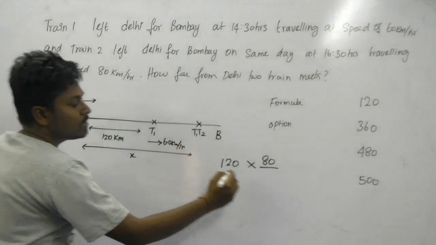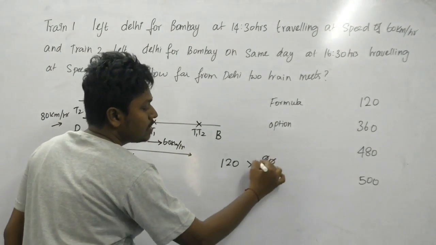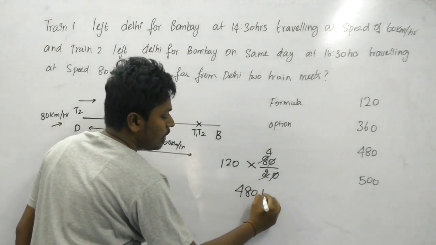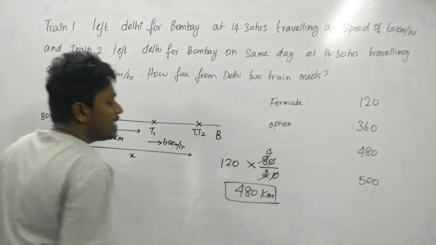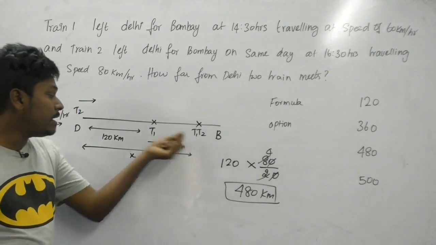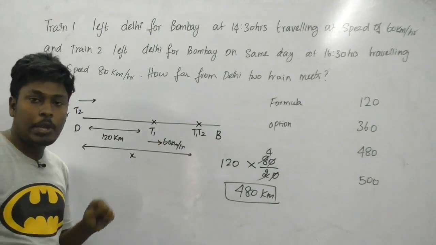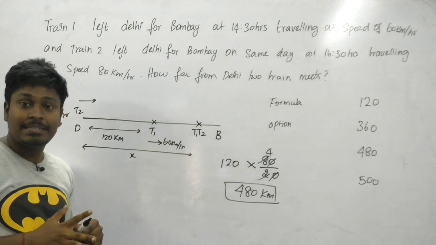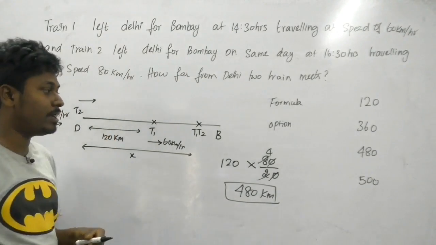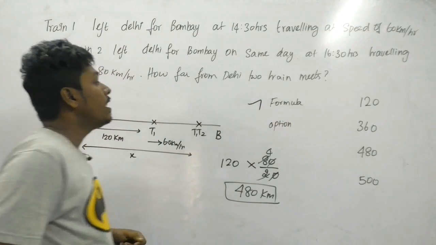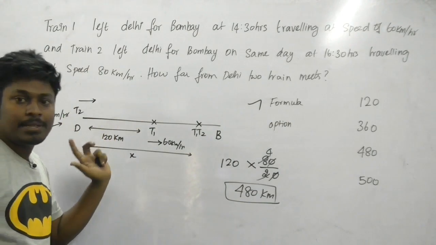So if we subtract both the speeds, it will be 20. Then 120 divided by 20 is 6, and 6 times 80 is 480 kilometers. So we can clearly say that the two trains will meet at 480 kilometers from Delhi station. So it is one of the easiest methods to solve these types of questions, right? We used the formula method. If anyone wants to know the basic method, just mail me.